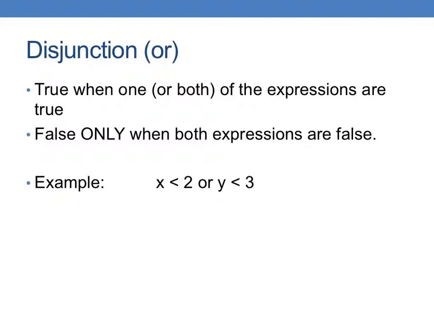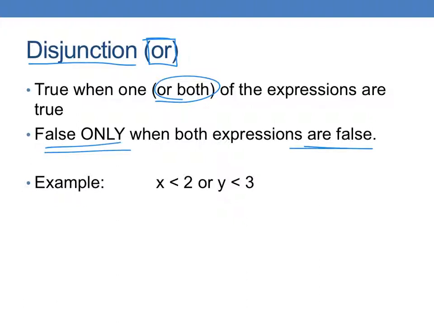So the second type of complex Boolean statement that we have is called a disjunction, and it uses the word or. Basically, you just need one thing to be true out of a multitude of things in order for your code to run. It's true when one or more of the expressions are true, and is only false when everything is false.